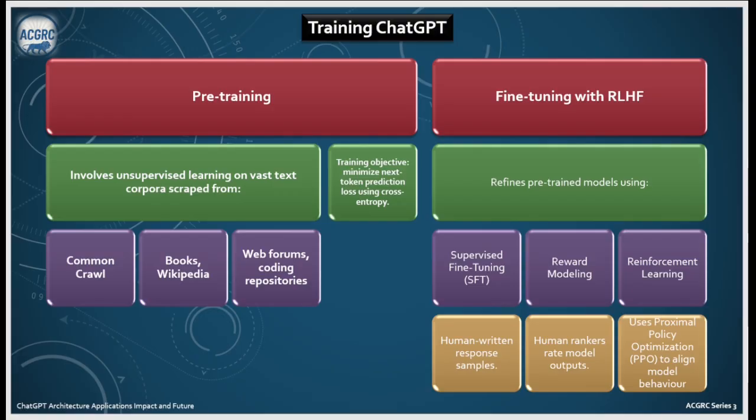So, a short definition of RLHF would be: a way of training ChatGPT using human feedback to make it more helpful, safe, and aligned with what users want. I hope this helps with your basic concept on RLHF.